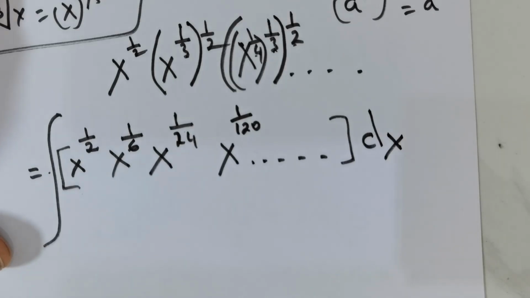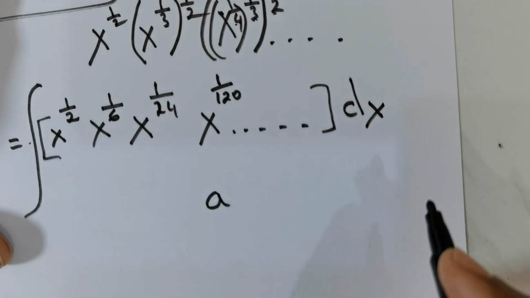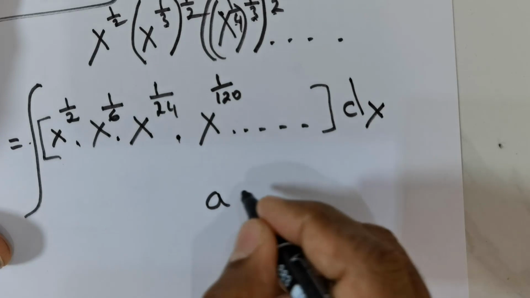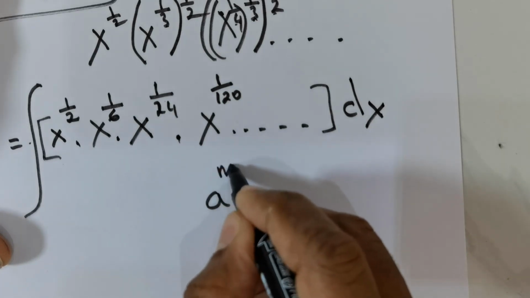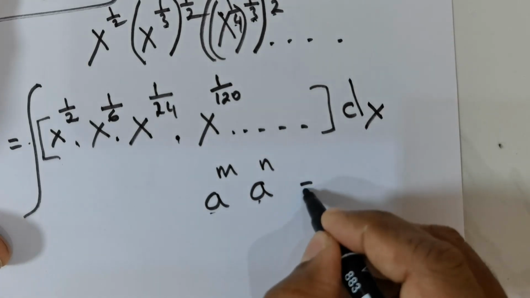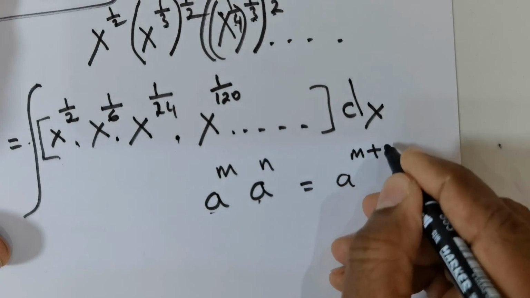Okay. Now what I want to do is I would like to draw another law in indices. So this is multiplication, this is multiplication, this is multiplication. Now that law is, if you have a raised to the power of m and then you are multiplying with a raised to the power of n, the bases are same, then you can rewrite this as a raised to the power of m plus n.